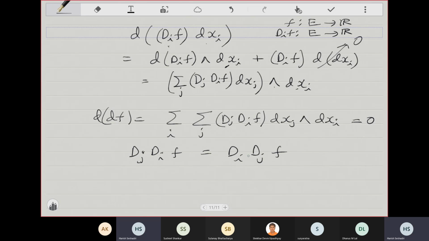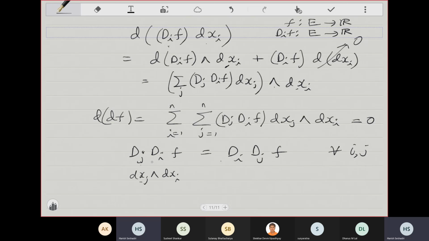The mixed partial derivatives are equal. So i equal to 1 to n, j equal to 1 to n. On the other hand, this D_j D_i, according to this, will occur with dx_j wedge dx_i.